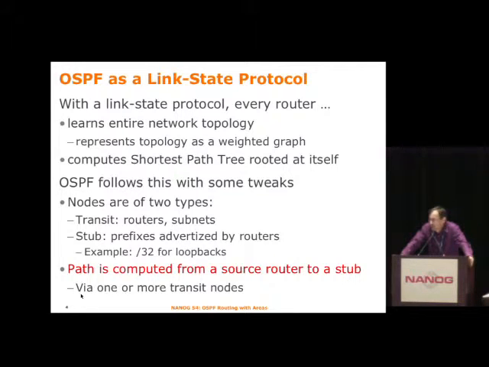Okay, so OSPF is a link state protocol. Every router learns the topology of the network, or the piece of the network that it's really paying attention to, computes shortest paths in that network, and then forwards packets along those shortest paths. OSPF does this type of link state protocol with a couple of tweaks. There are two major types of nodes.